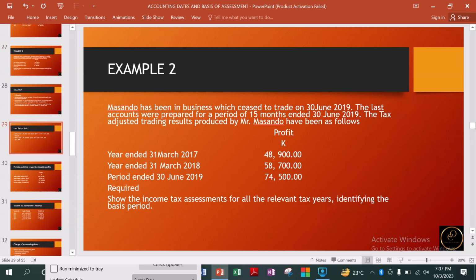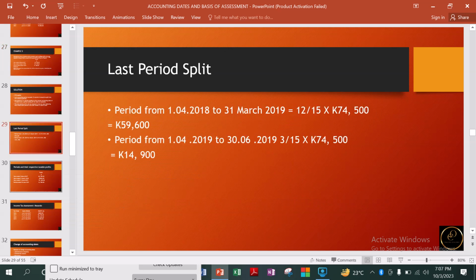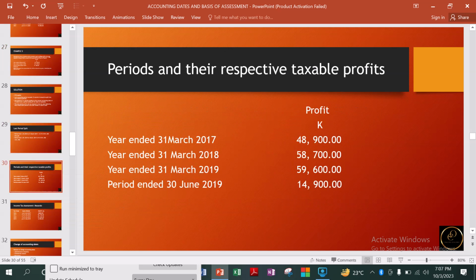Okay, so looking at that, we have that. These are what we have split. So 2017, there's 48,000, so this is preceding year basis. 31st March 2018, 58,000, this is preceding year basis. So this 48, as I've said, will be assessed in the tax year 2016. This 58 will be assessed in the tax year 2017.